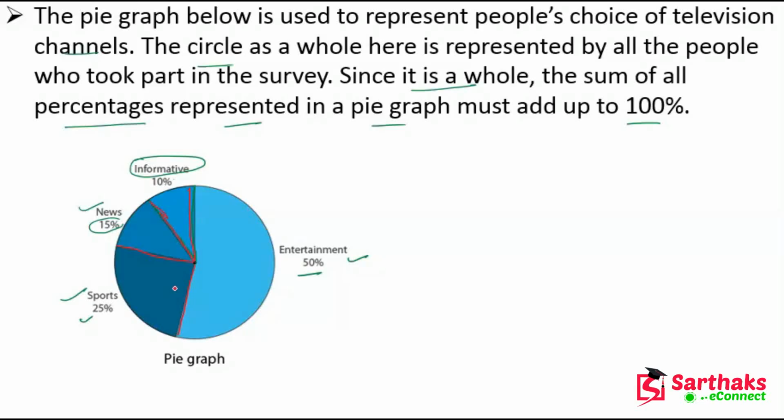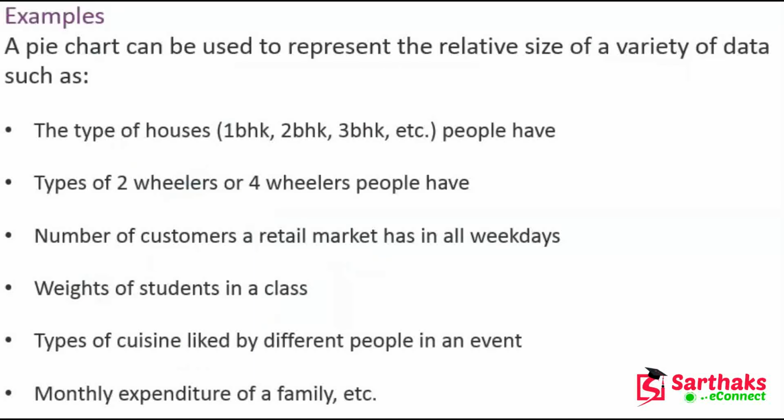Each sector denotes the proportionate part of the whole. So to find out the composition of something, a pie chart works best. In most cases a pie chart replaces other graphs like the bar graph, line plots, histograms, etc. Understand, my dear friends?